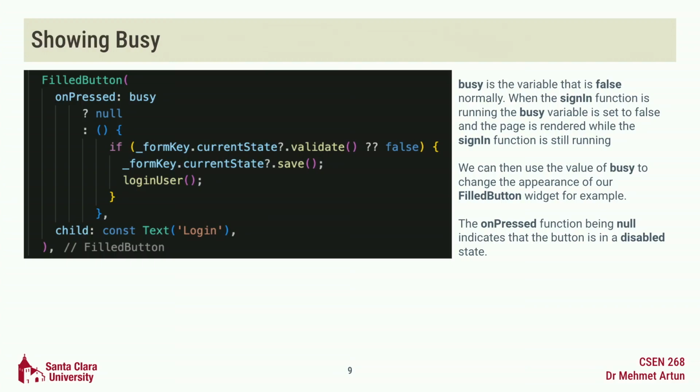And the beauty of it is that if it's null, it automatically sets its visual to a disabled state, right? But if it's not null, then this is what I want this button to do.